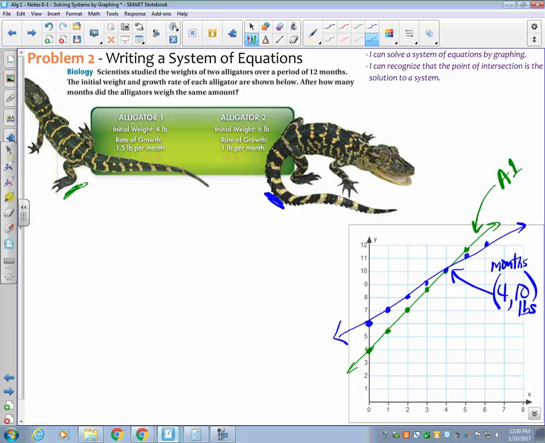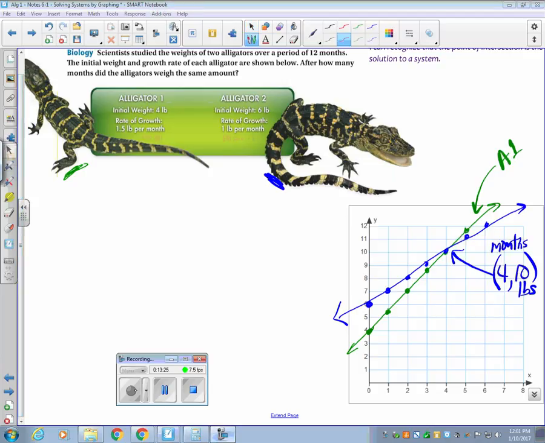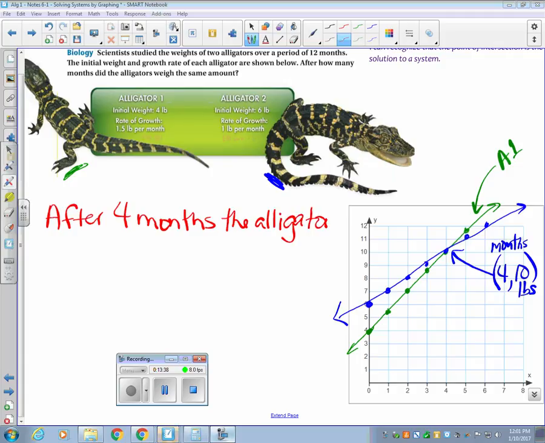So after 4 months, the alligators will weigh 10 pounds.